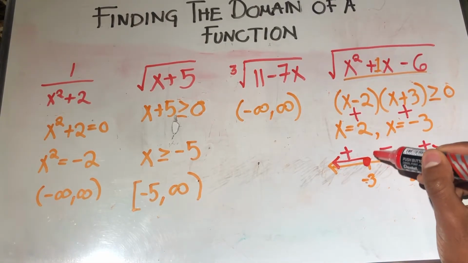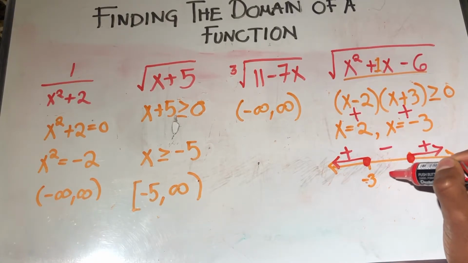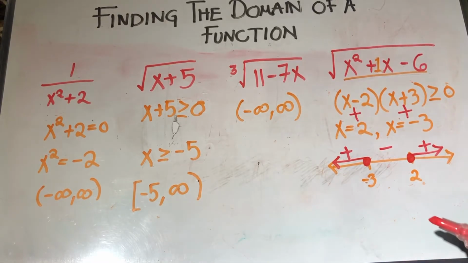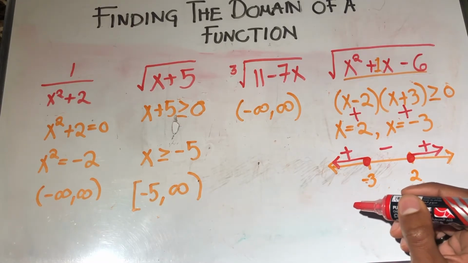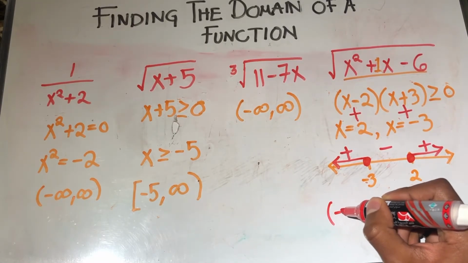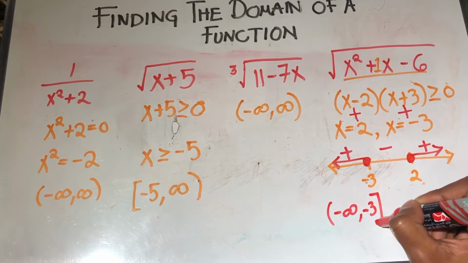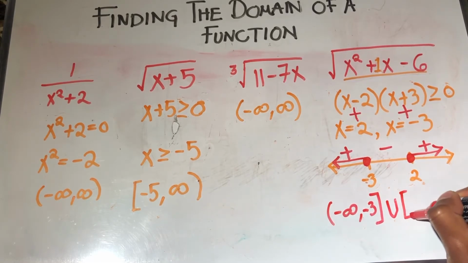We exclude this part because we can't have a negative number in the radical. So in interval notation, this is going to be negative infinity to -3 included, union, 2 included to infinity.